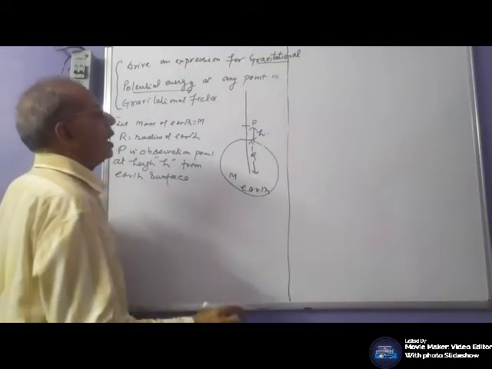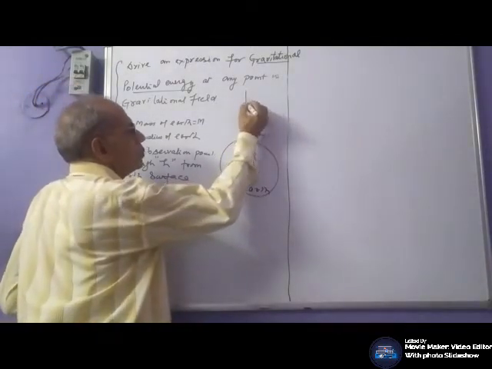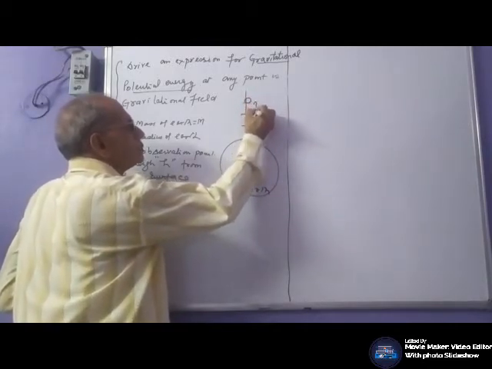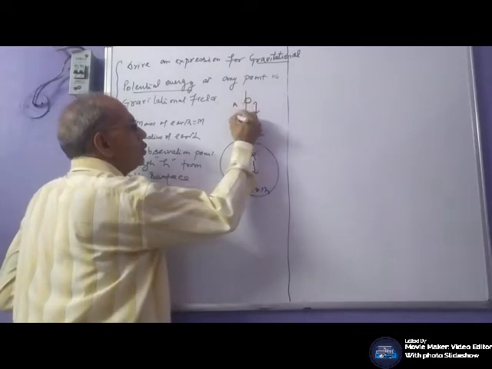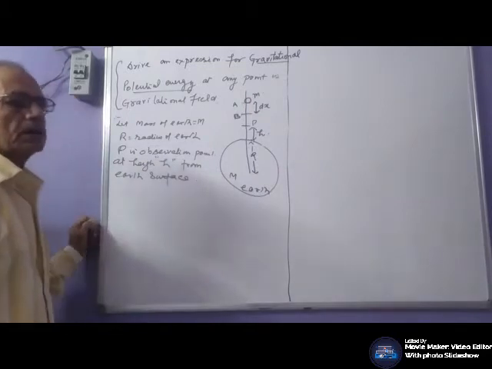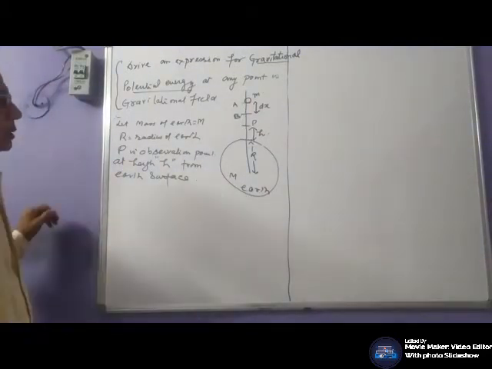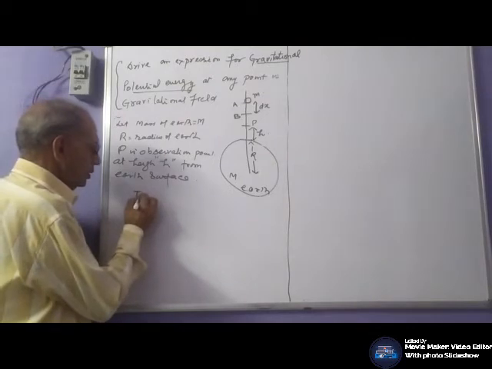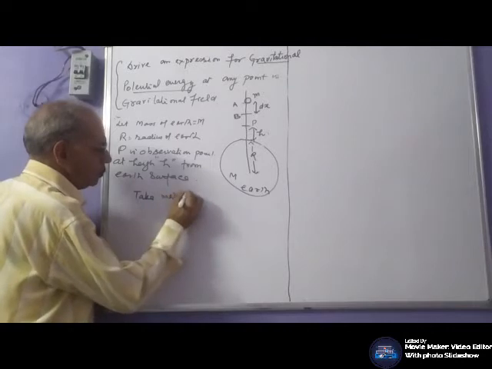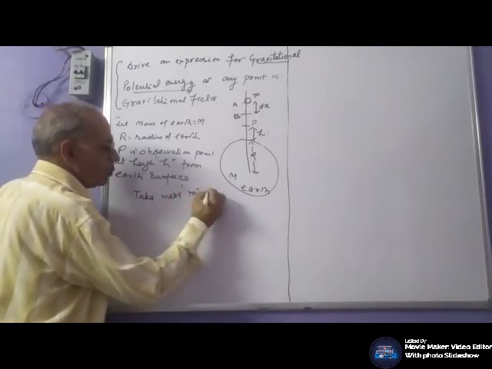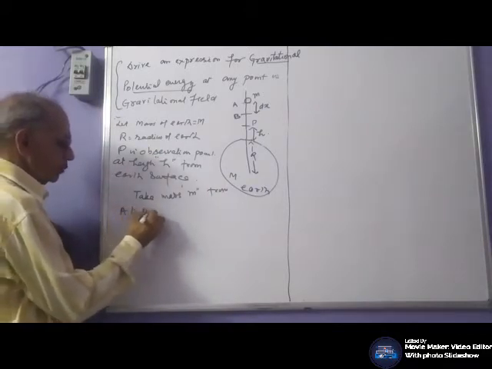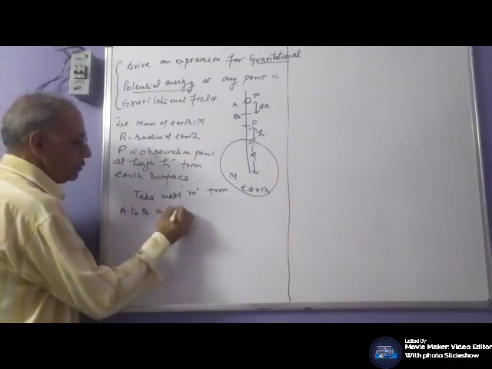So there is no direct method, so we calculate the work from A to B. Take any mass m from A to B in the gravitational field.